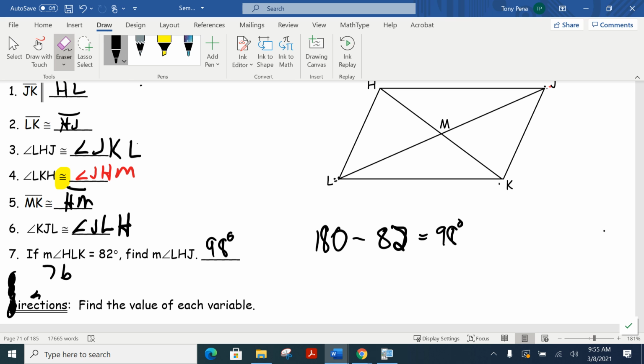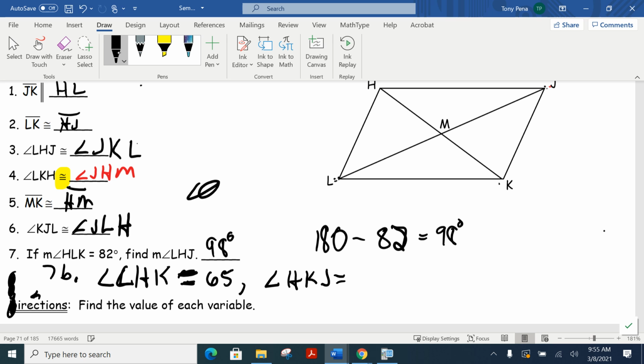Let's say I tell you that angle LHK is equal to 65 degrees. That means the angle of HKJ would equal what?